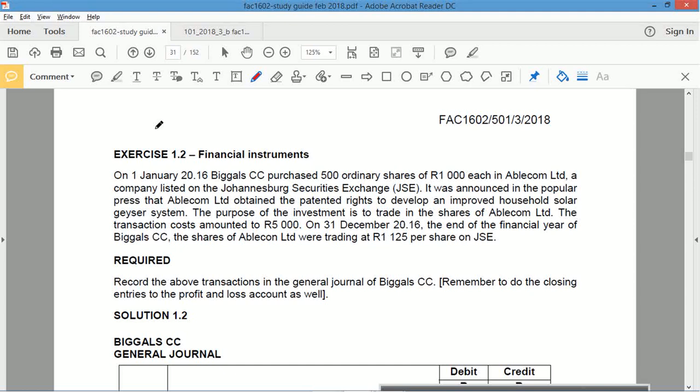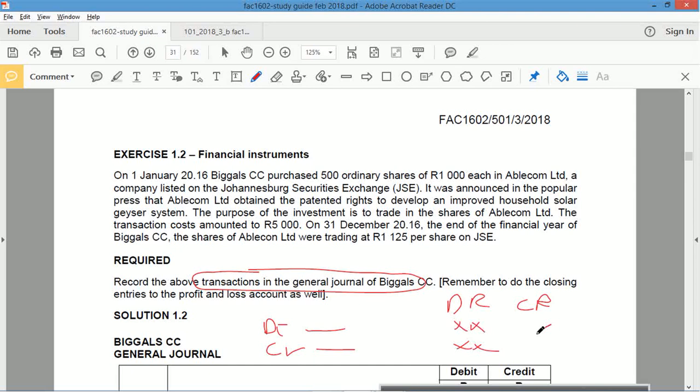Alright, so there's an example for you to try. Before I discuss it, I want to see what your approach is. Okay, so let's see if you would be able to record these transactions in the general journal. General journal just means debit and credit. So it's going to have a debit column and a credit column, looking just like that. Yes, and then you'll have debit here, credit here, and you'd have a narration, and then an amount here, amount there.